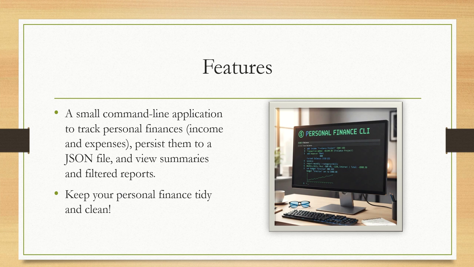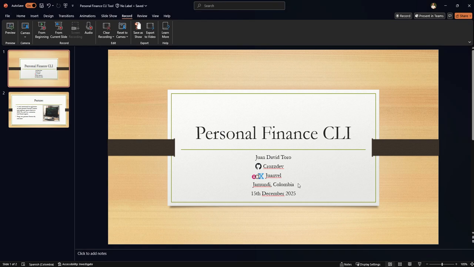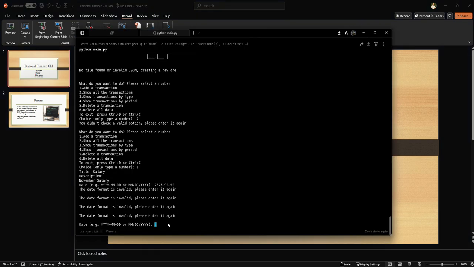The idea behind this project is that sometimes it's so difficult to keep track of your incomes and your expenses that you find yourself saying, like, where did my money go? So the idea is that you can finally get control over your finances and keep them tidy and clean. So let's go now with a short demo presentation.